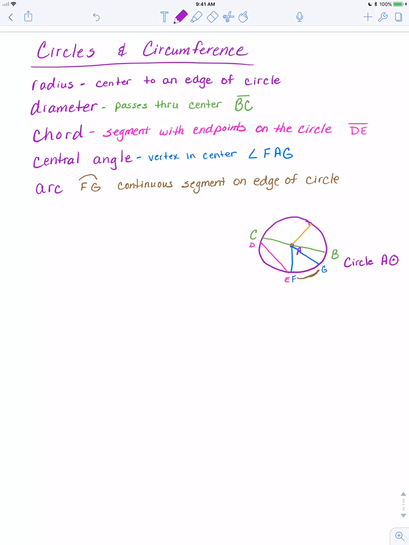There are two things that we want to talk about when we're talking about circles. The first is its circumference. When we talk about the circumference of the circle, it's the distance around the circle.